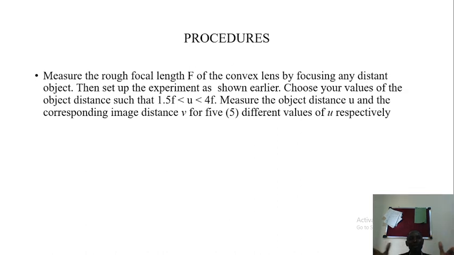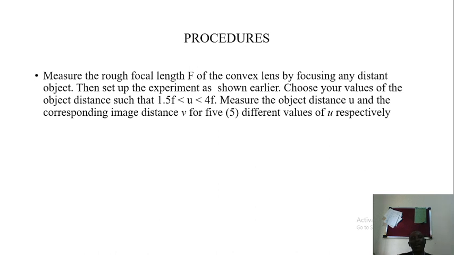When that is done, we can now go to the optical bench and determine our first u, which is the distance of the ray box from where the lens holder and the lens is placed, which will give us an image on the screen.